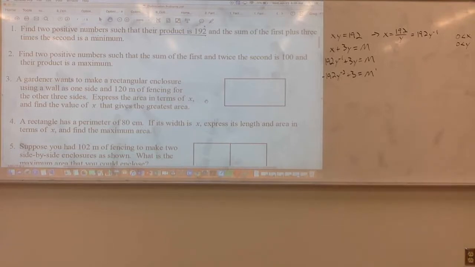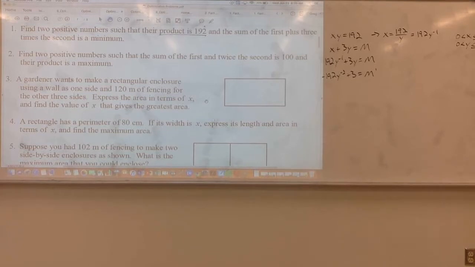They would have to be less than 192. Is it possible that they could be equal to 192? Yeah, we could multiply 1 times 192, right? So it is possible that they could be equal to 192.